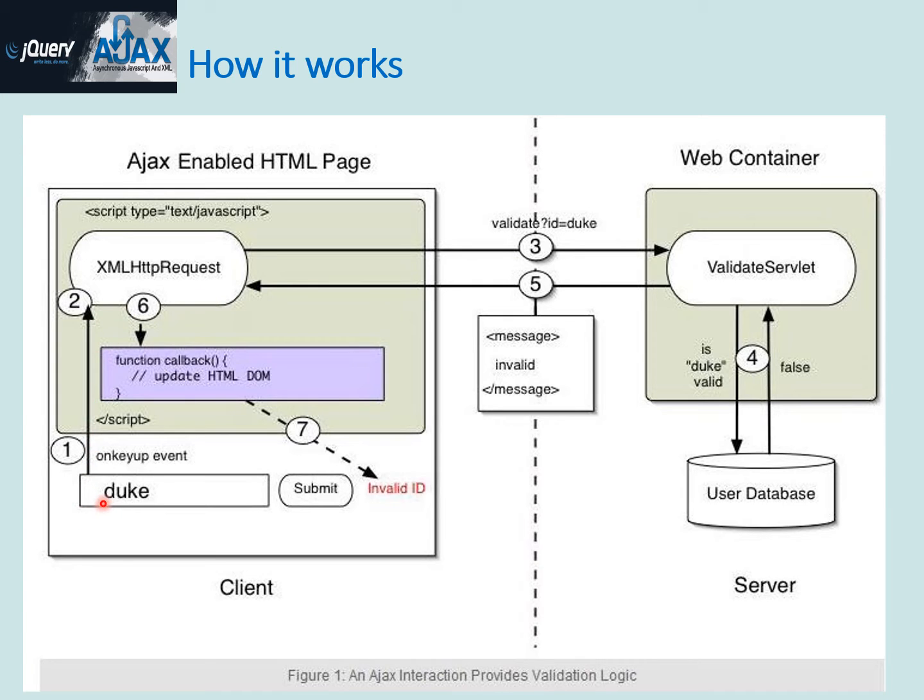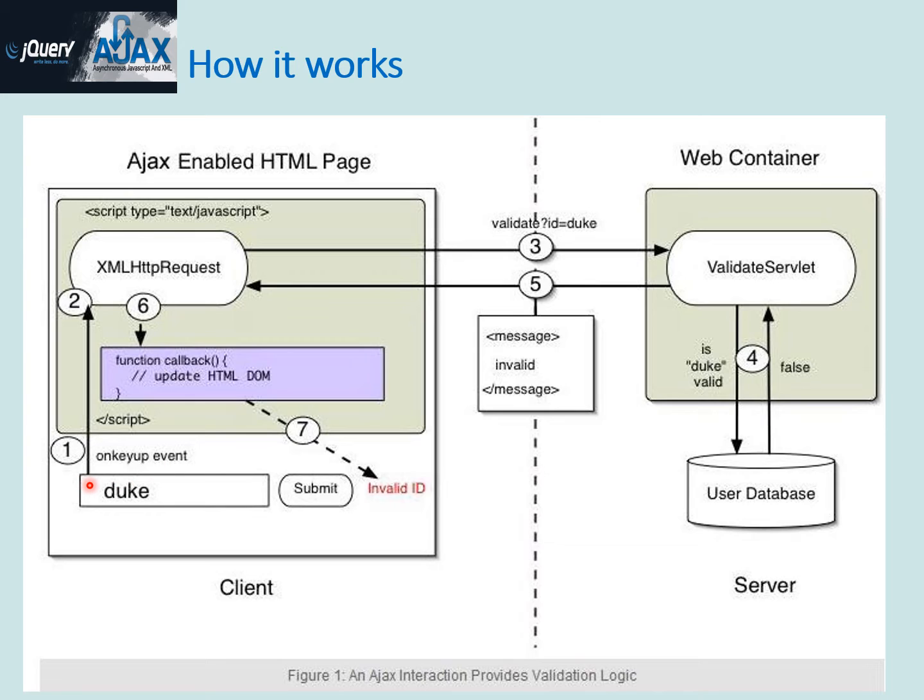Here this is an input element in the web page. It is used for data entry. Whenever the user inputs a value here, the data entered here is Duke. On key up event: whenever data is input to that field, an event occurs on the web page. Here the on key up event occurs.